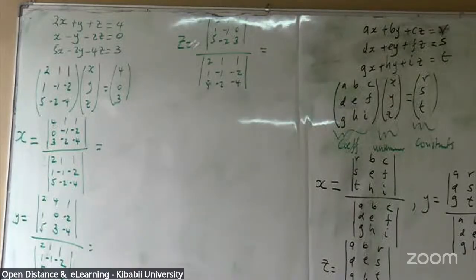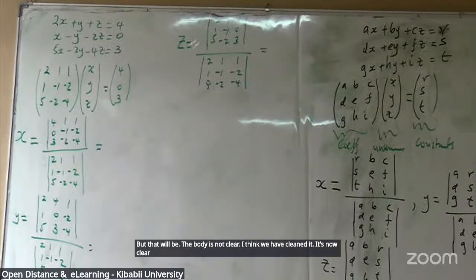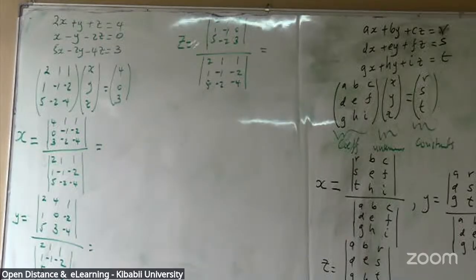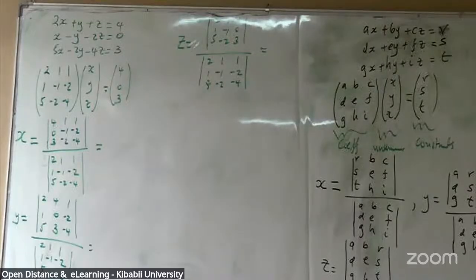Unapotea wapi? Regroup yourself. The board is not clear. I think we have cleaned it. It's now clear. Unapotea wapi? The board is clear. Ama?